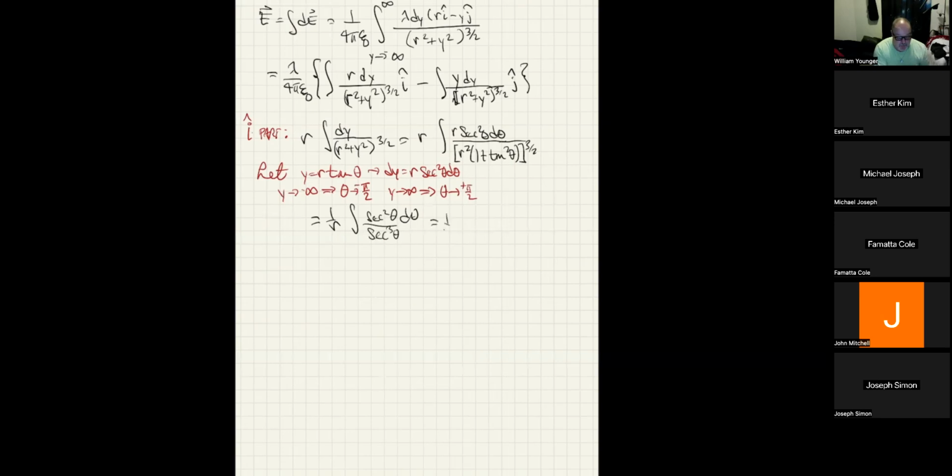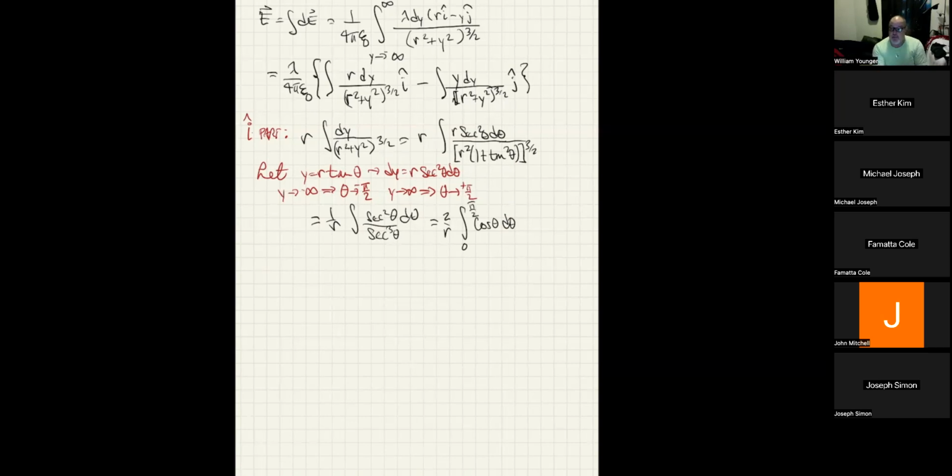So I'm going to say 1 over r times the integral of cosine theta d theta. And I can actually multiply this by 2, since it's an even function that we're integrating. I can write 2 here and then just go from 0 to pi over 2.